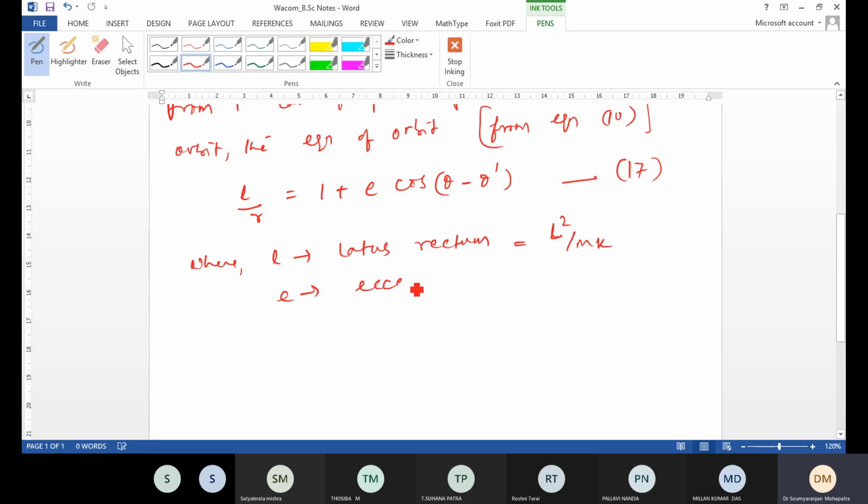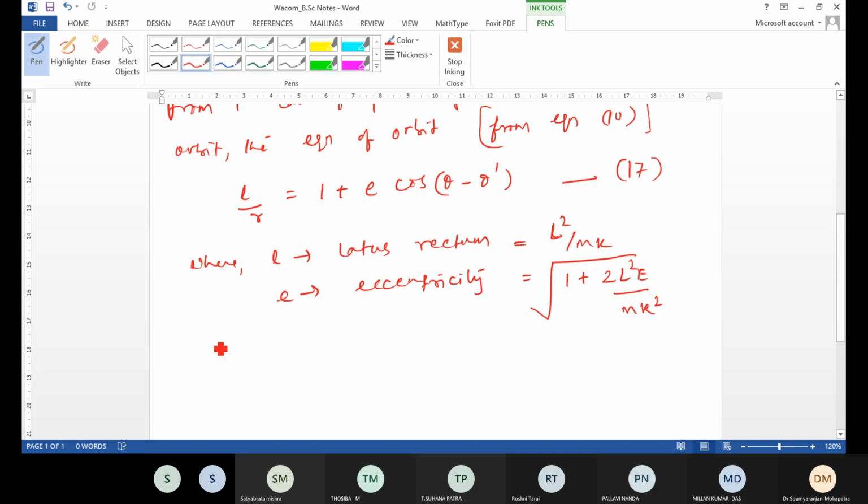The eccentricity factor will decide whether the orbit will be circular or elliptical. These things we have already deduced in the last class. Okay, is that clear? Yes, sir. Is it audible and visible to all? Shall I proceed?